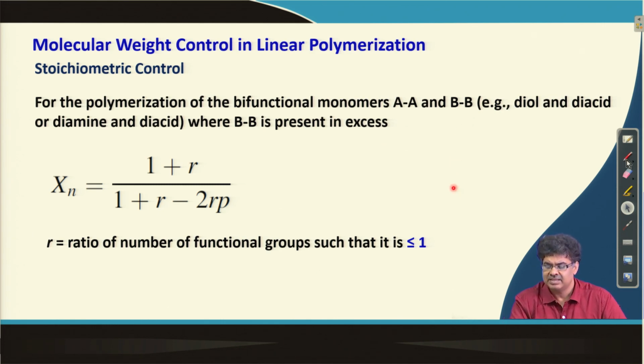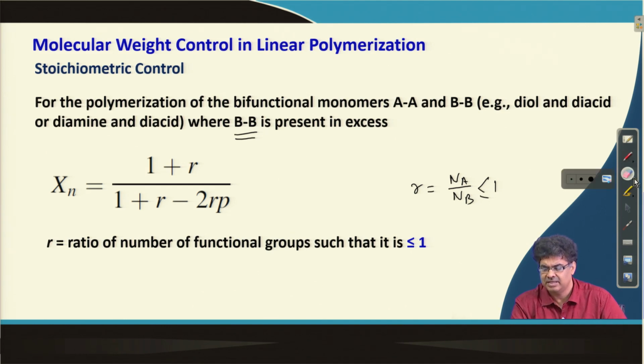In this particular case R would be given by the number of functional groups of A divided by the number of functional groups of B, because we are talking about B in excess. So, R is always less than or equal to 1. When they are present in the same number, it is equal to 1, and when B is larger, it is always less than 1.